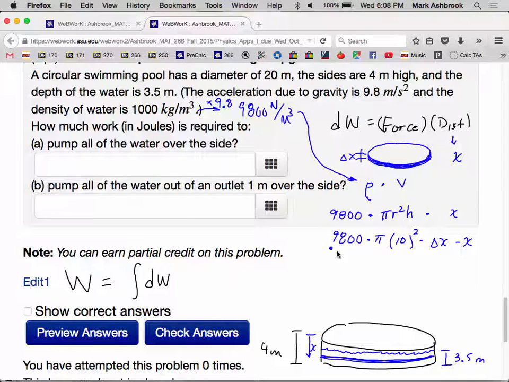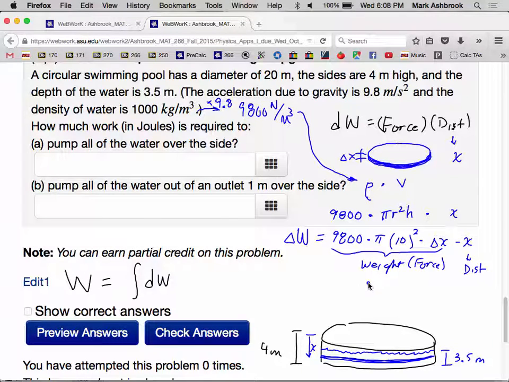So here is the weight of our layer, the force, the weight, times the distance it has to go. So that is our little bit of work. I know that lots of students don't want to do this little bit.